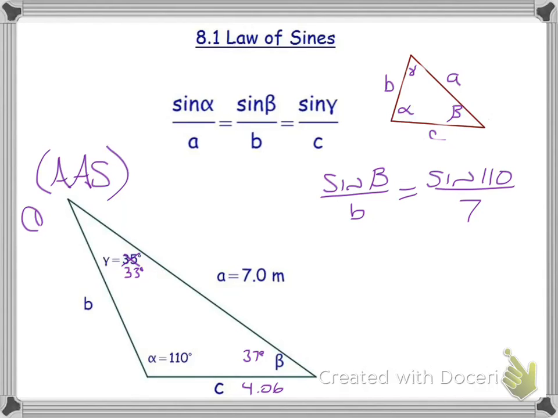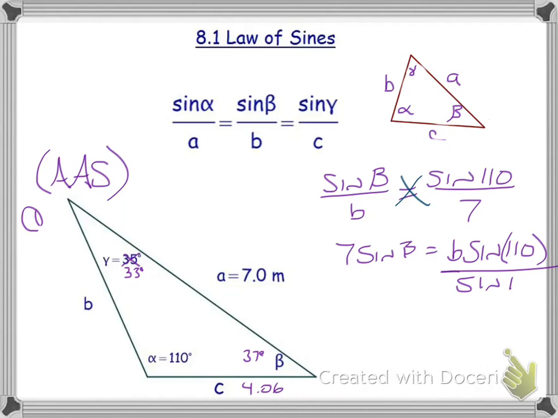Again, I can cross multiply, and I get 7 sine beta is equal to B times sine of 110, and divide by sine of 110, and B is equal to 7 sine of, I'm sorry, I didn't use 37 for beta.